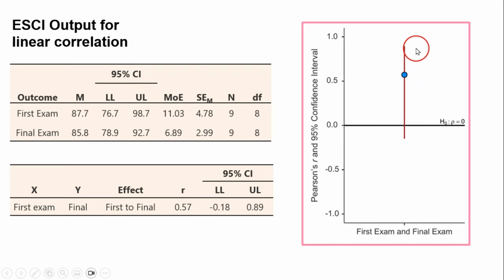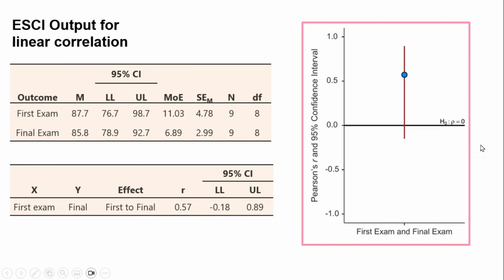And up here, we can only go up so far, the highest being a +1. So there's less room up above where our point estimate is, and so we tend to have it bunched up here. So just make a note of that. There's nothing wrong with the computer there. The typical scenario is that it's a little bit asymmetrical as opposed to the confidence intervals that we've been looking at in terms of the means, which usually are symmetrical.